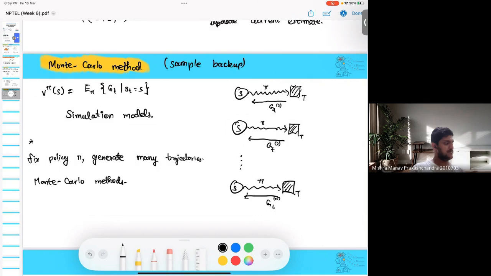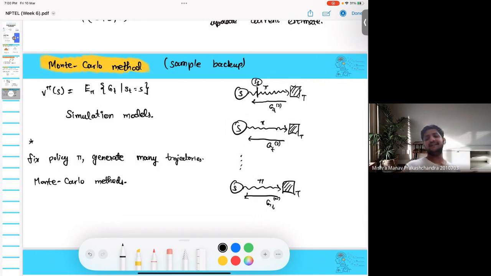What happens here is, for a particular state S, I fix a policy, I generate multiple trajectories, and whatever update I make, that update is only for state S. Now consider some state that falls on the trajectory, which I'll call state S1.